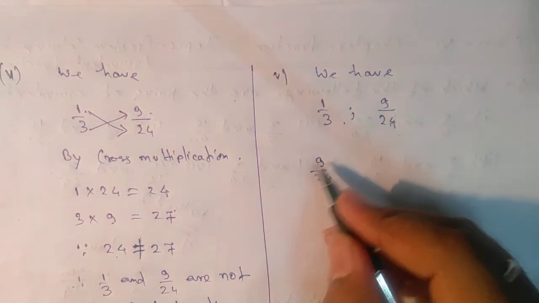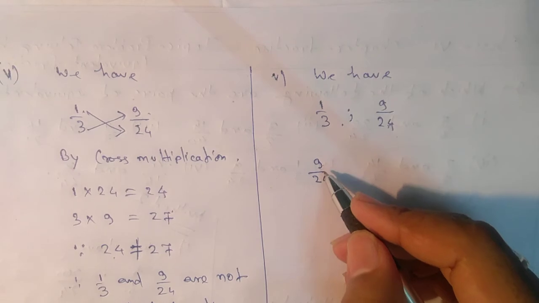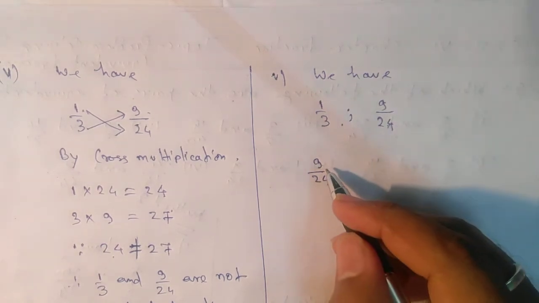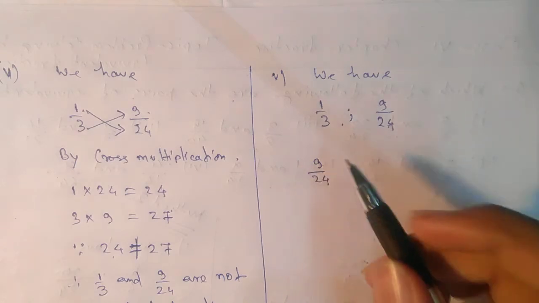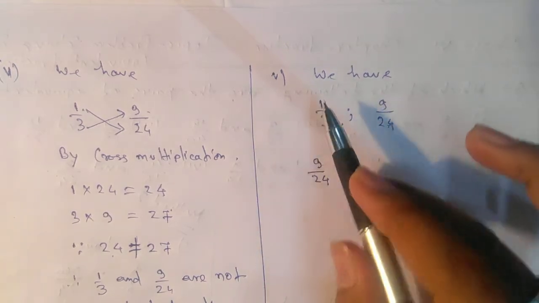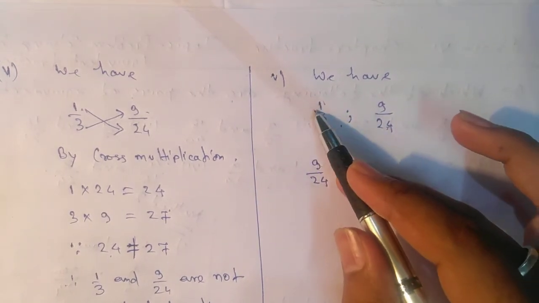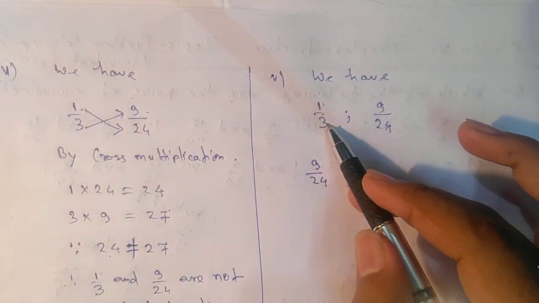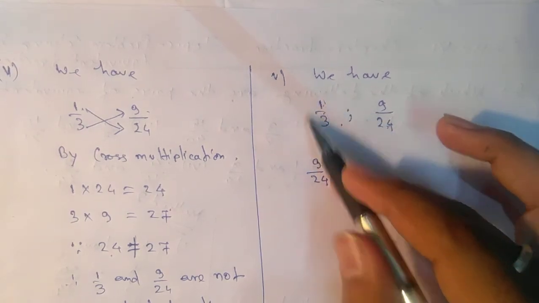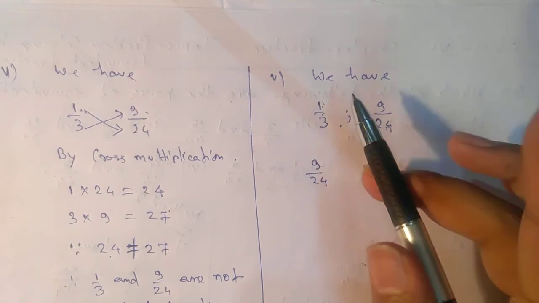That means check whether there is any number which will cut these two numbers. Or let me tell you the definition of simplest form: the fraction whose HCF of numerator and denominator is 1. Like if we take 3 and 1 and take the HCF of 3 and 1, you will get 1.